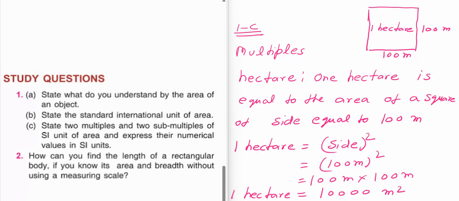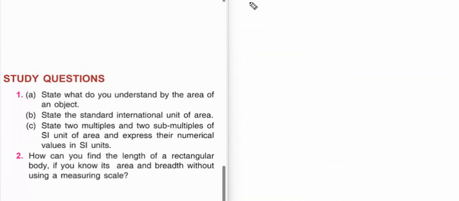So I have given here only one multiple of the SI unit. I will write another one. You know that the area of a state is expressed in kilometer square. So beta ji, kilometer square.